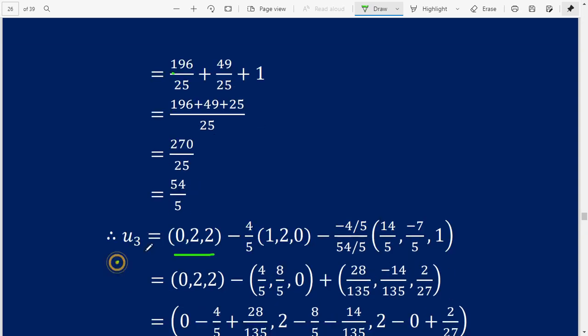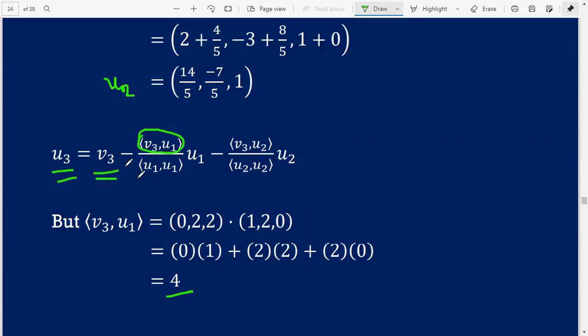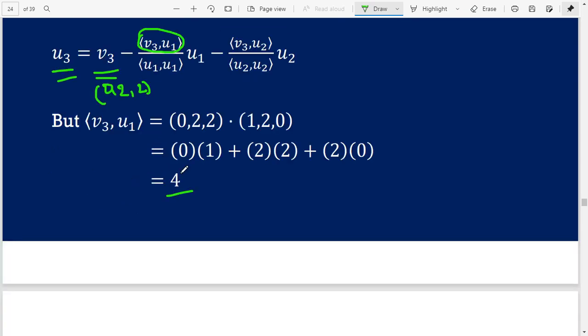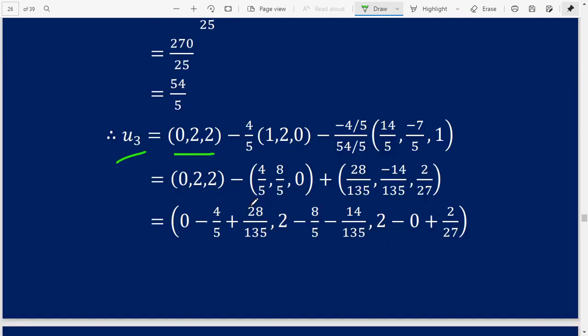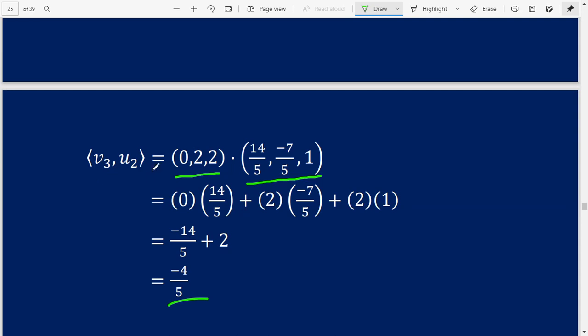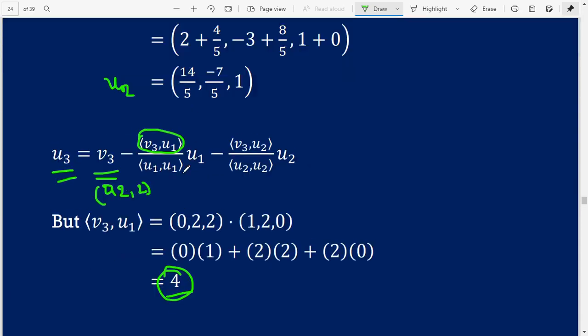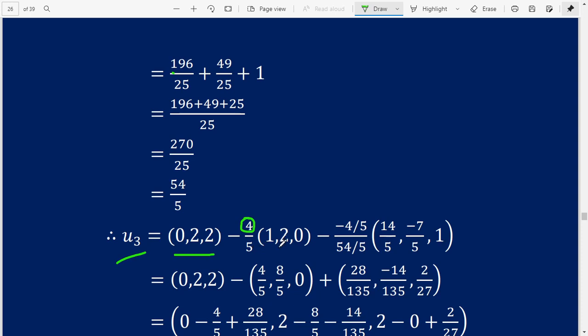So U3 is equal to, putting the values, V3 (0, 2, 2) minus ⟨V3, U1⟩ which is 4, upon ⟨U1, U1⟩ which is 5, into (1, 2, 0).